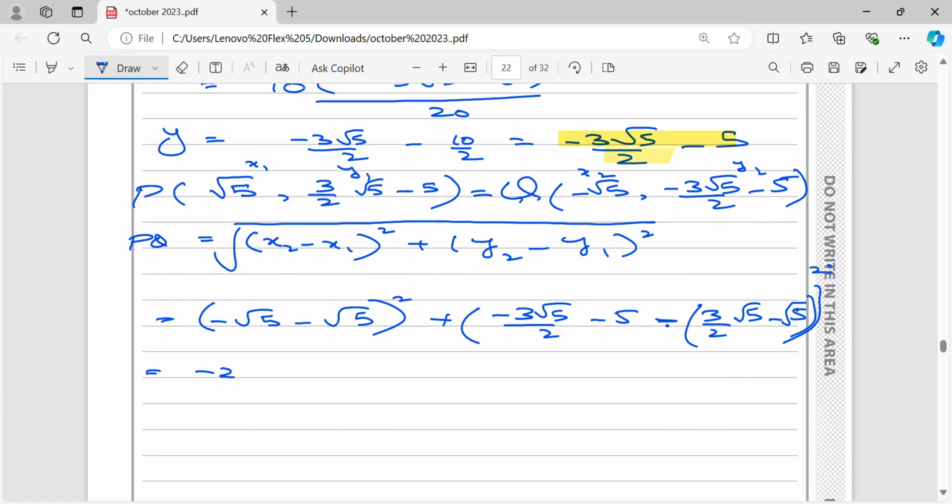So this is my negative 2 root 5 and this is minus 3 root 5 over 2 minus 5 minus 3 over 2, 5 plus root 5, whole squared and a square root on top.